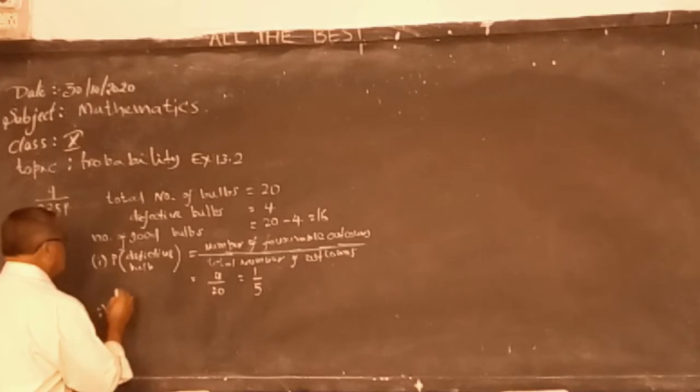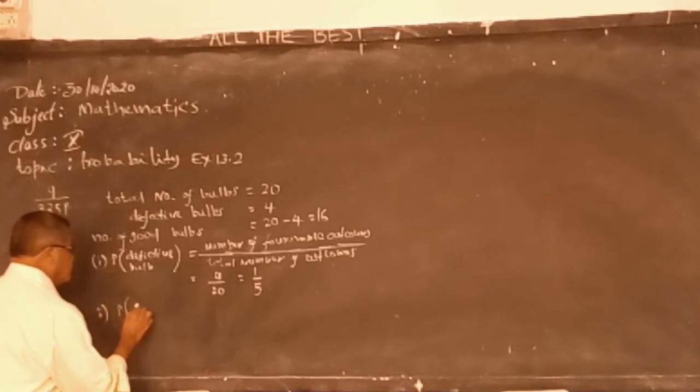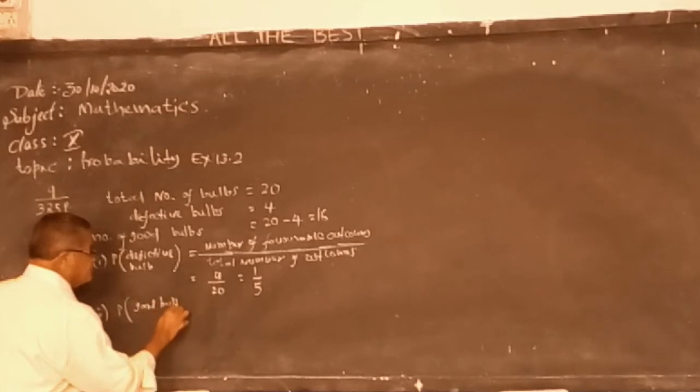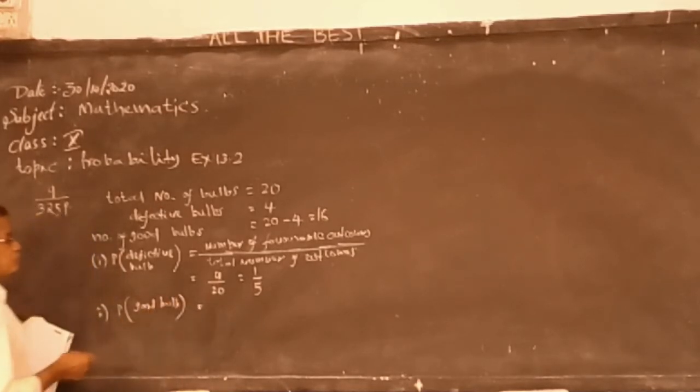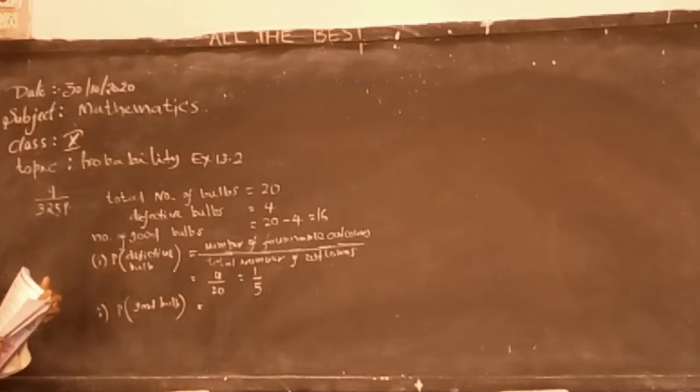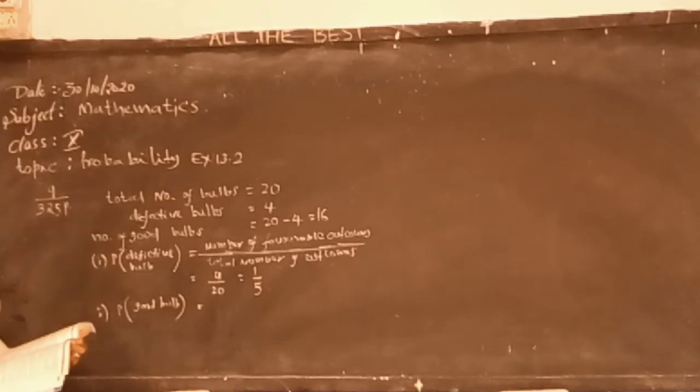Second bit: probability of a good bulb. The bulb selected in the previous case is not defective and not replaced, it is not kept inside.